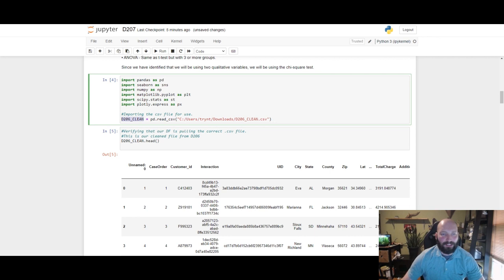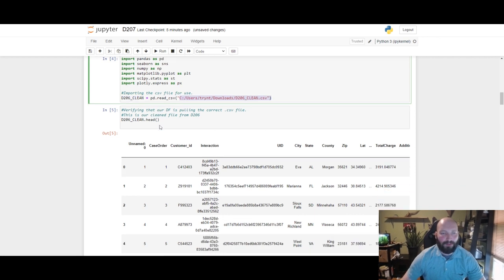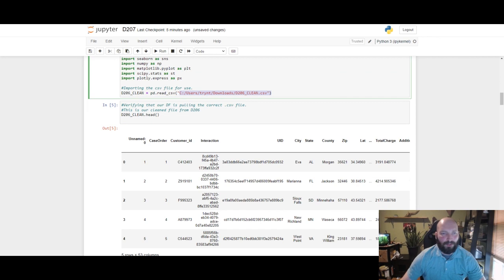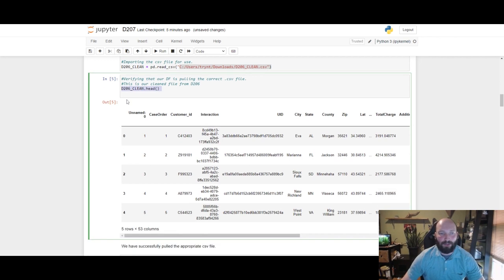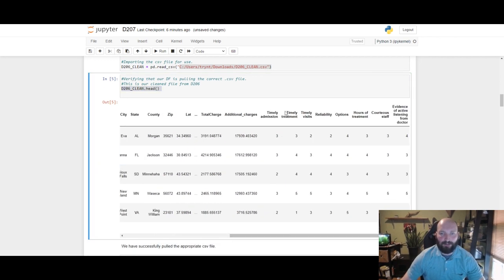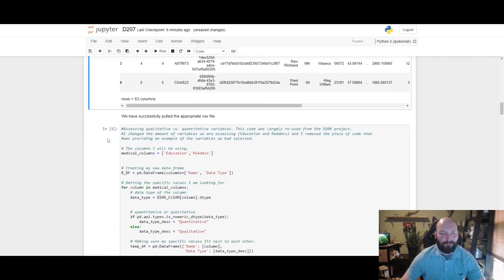And this is my clean data set from D206, and this is where it's coming from. Anytime I import any CSV files, I want to make sure that it's the correct one, especially when I'm using clean versus original data sets. I know that this is the clean one because these are renamed, and with the original data set, these were item 1 through 8. So yes, that's the one I need.